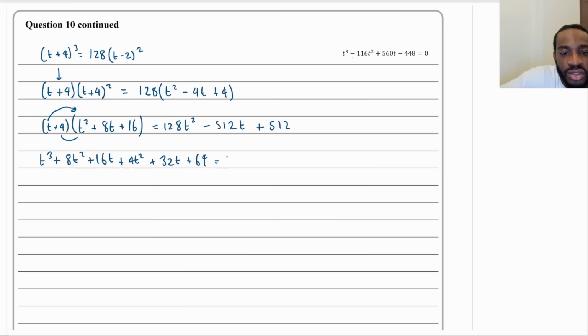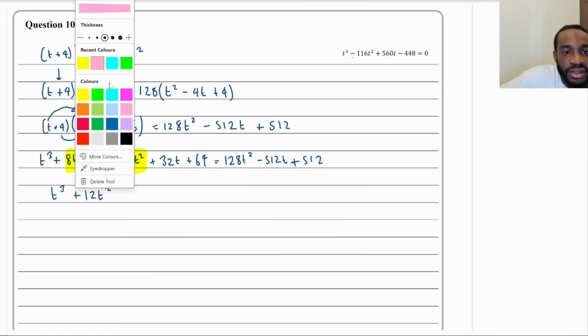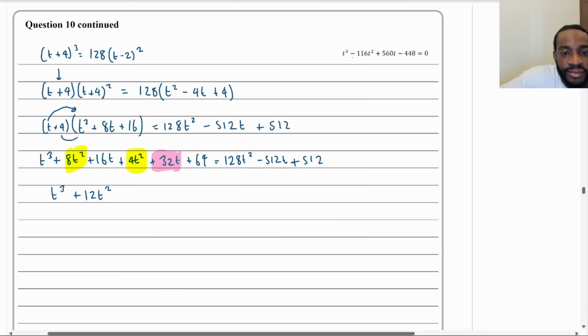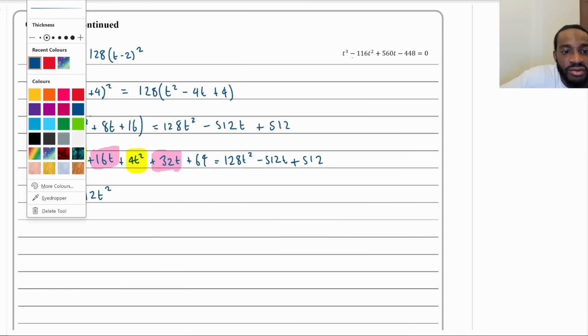This is going to equal 128t squared minus 512t plus 512. So it's just a matter of moving everything from right to left. So let's tidy up the left hand side first. What do I have in terms of squared terms? I've got 8t squared, I've got a 4t squared, and that's it. So that's going to be plus 12t squared, like that. And then the linear terms, I've got a plus 32t, and I've got a 16t. What's that? 48? Yes, that's going to be plus 48t.